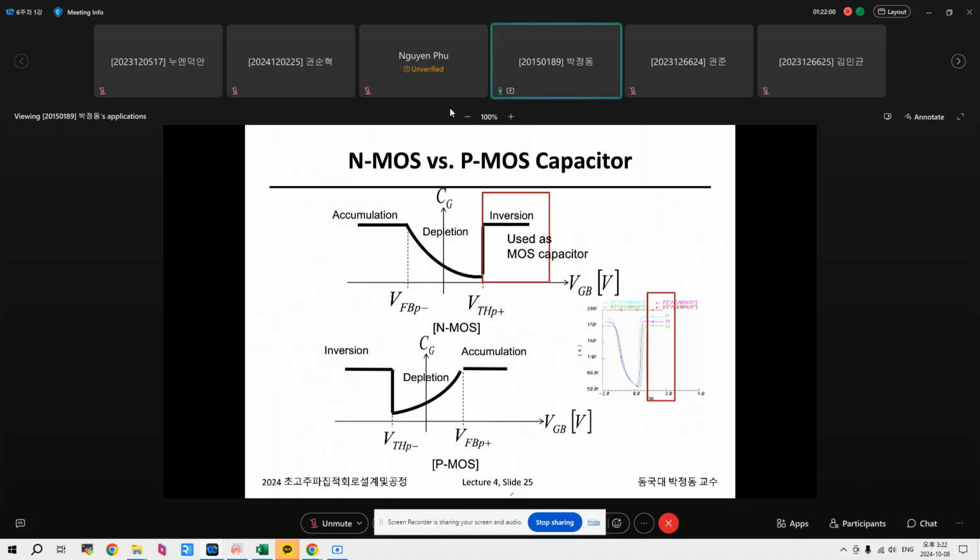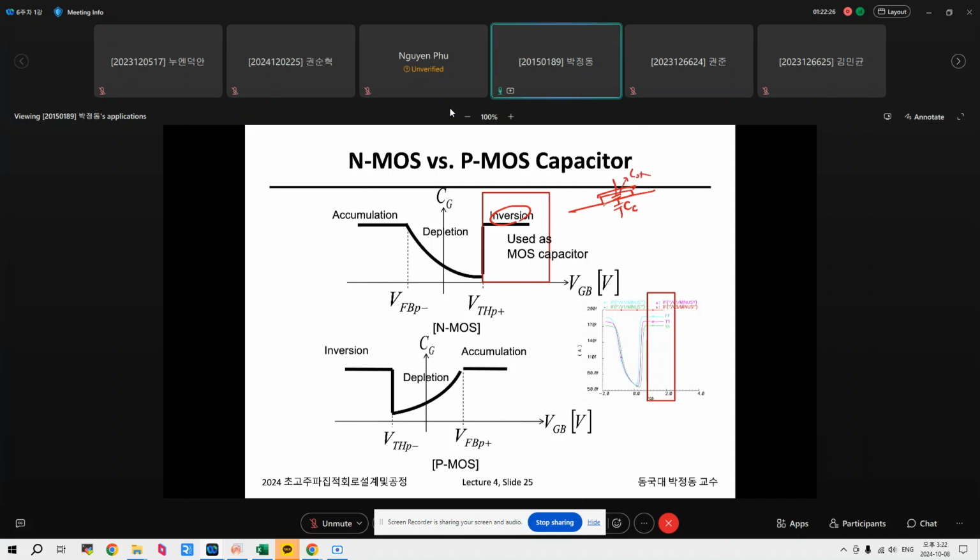So this is the capacitor. We typically use the capacitor shown at inversion. So you can just model it this way. This is the capacitor in the oxide, and this is the capacitor in the channel, and this is COX. Right?